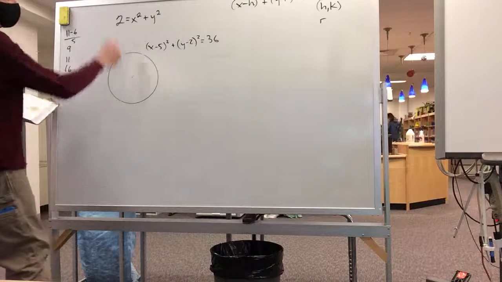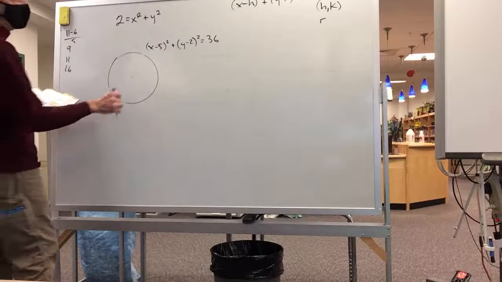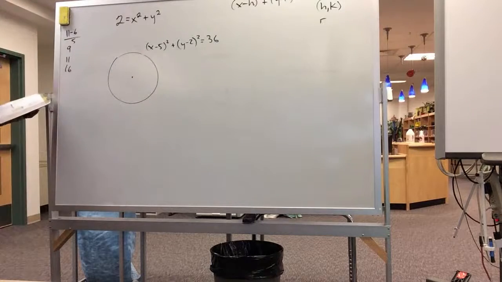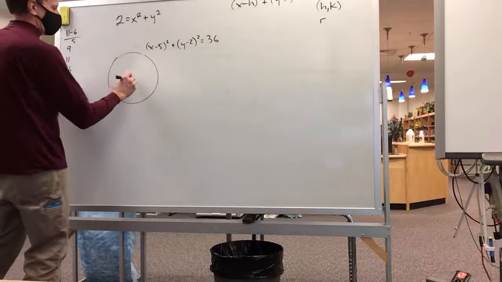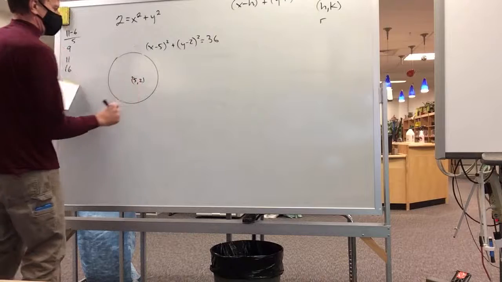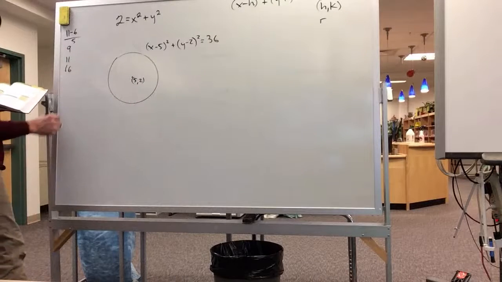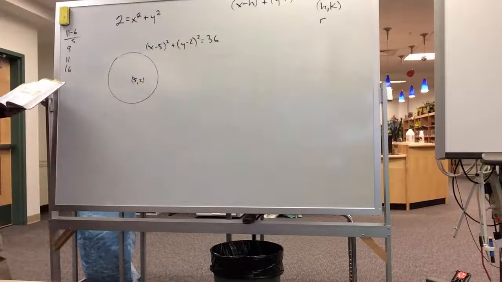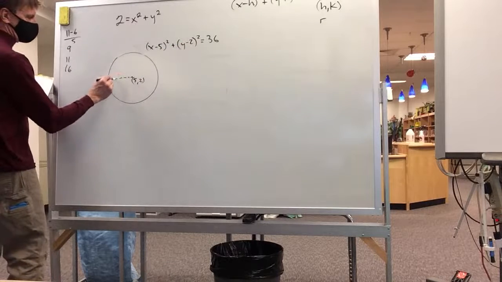So this is going to be on a coordinate plane somehow. What's the center? What is this point here? 5, 2. Okay. So that'd be 5 over and 2 up from the origin. What's the radius? 6.